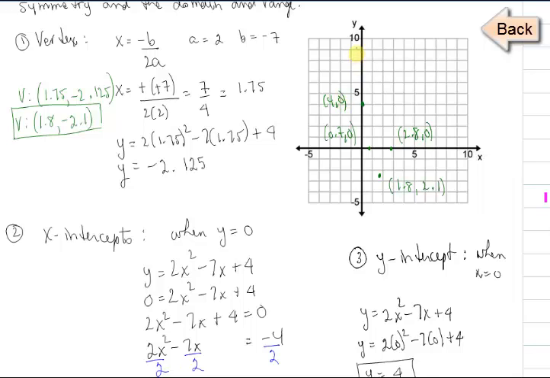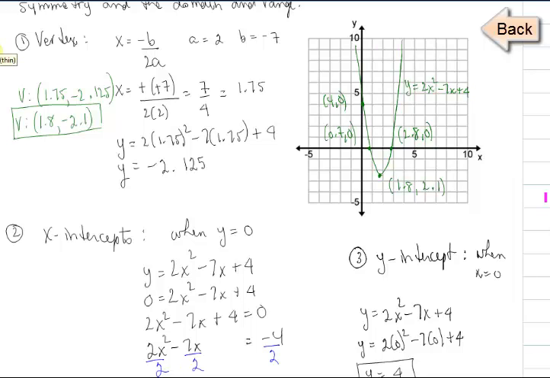And now I can draw my parabola in. So this is y equals 2x squared minus 7x plus 4.